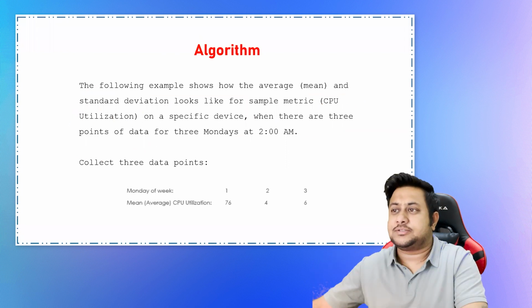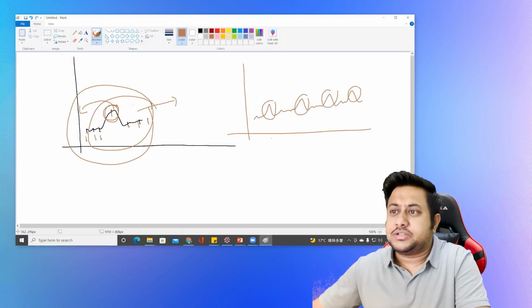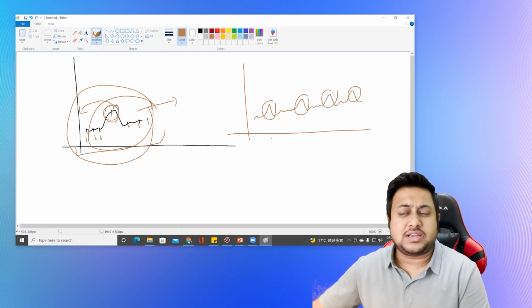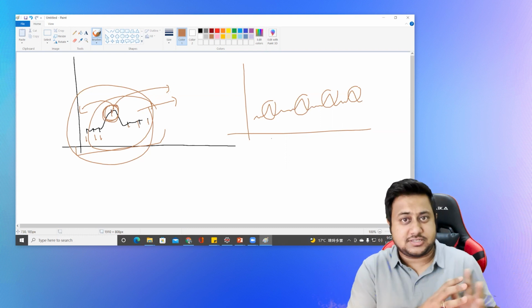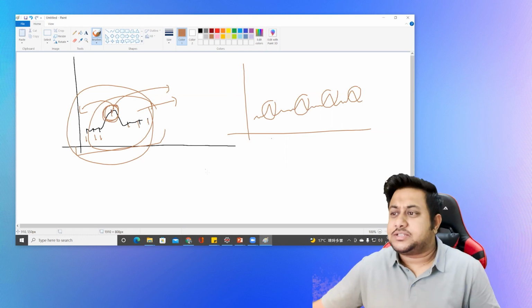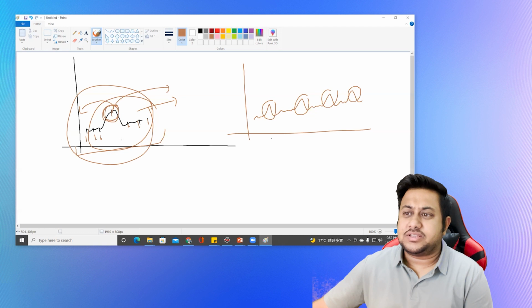What we did is, let's say I'm considering Thursday. Just imagine I analyzed 1 week's data and I got that this is my outlier. Now what I did is I analyzed past 6 or 7 Thursdays. Okay, just imagine, let's talk about these data points.